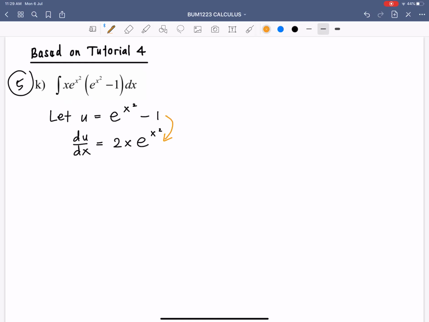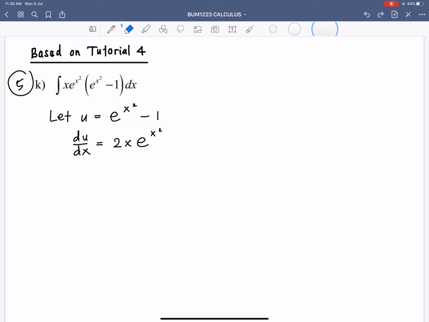Now we are discussing the substitution technique for integration, but in this case we want to find the differentiation first. If you don't understand how I got from here to here, then you need to use the technique that you have learned in chapter 2.